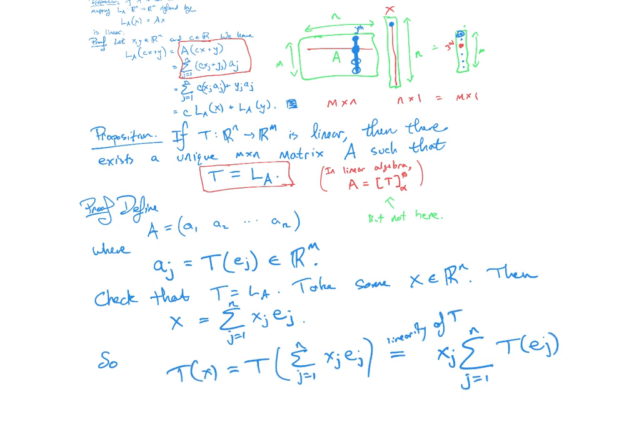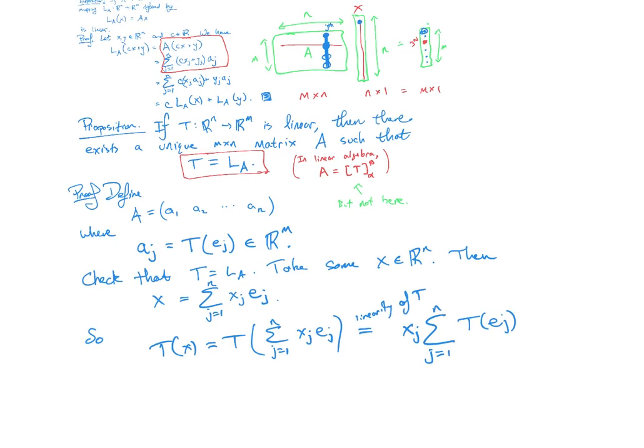Well, now we've defined T of ej to be aj. So I didn't even really want to move this outside, did I? Oops, I'm sorry. I definitely didn't want to move the xj's outside. It doesn't make any sense to have them outside. They can't go outside.